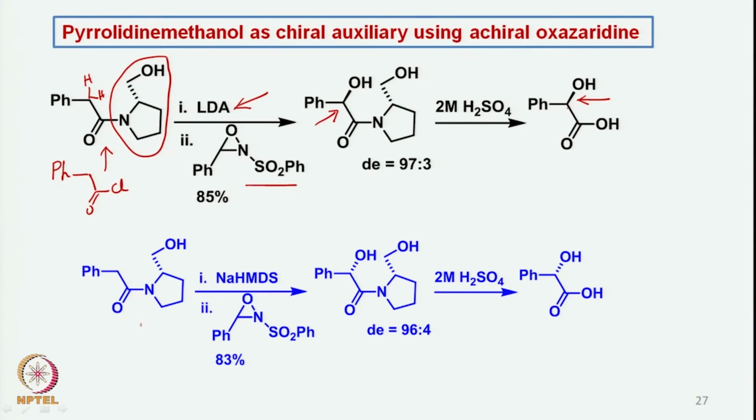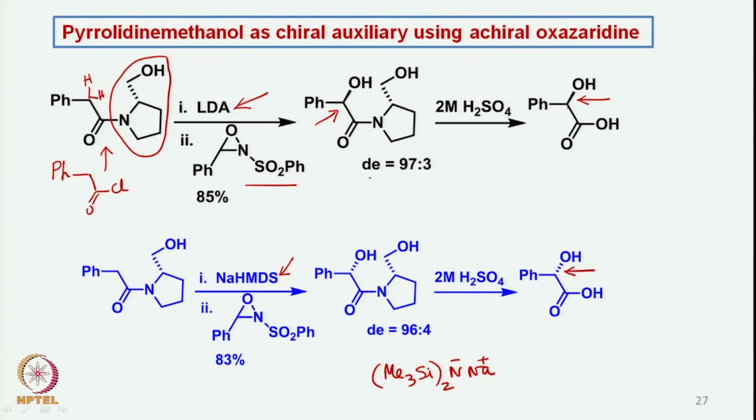On the other hand, the same substrate is taken and the base is sodium hexamethyldisilazide, that deprotonates again in a similar fashion, and it introduces the oxygen in a different way than the corresponding lithium diisopropylamide.